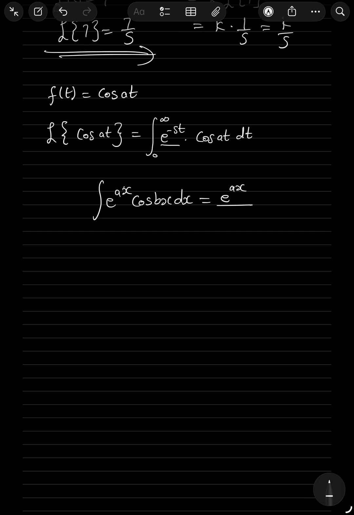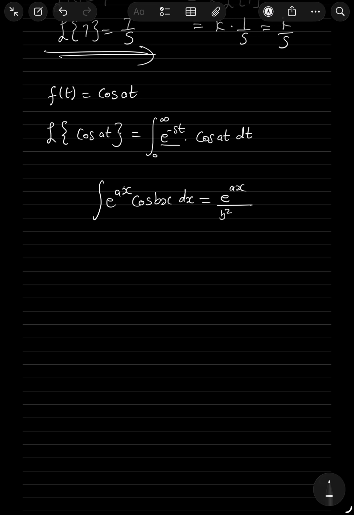This is the general form of integrating the product of an exponential and a trigonometric function, especially when it's cos.